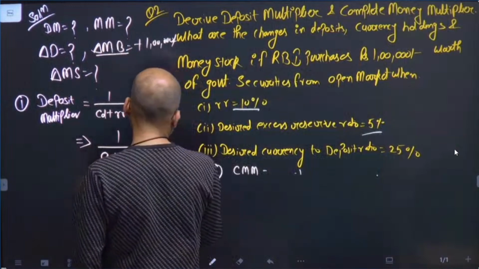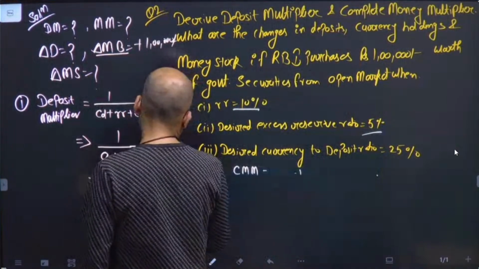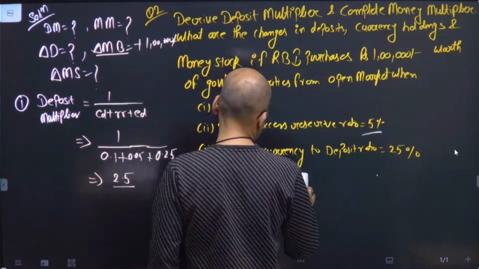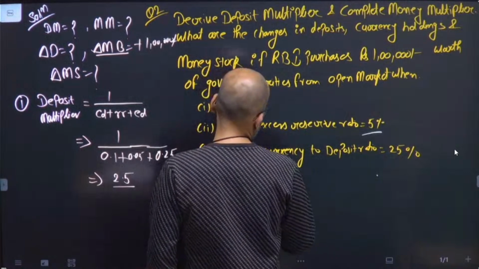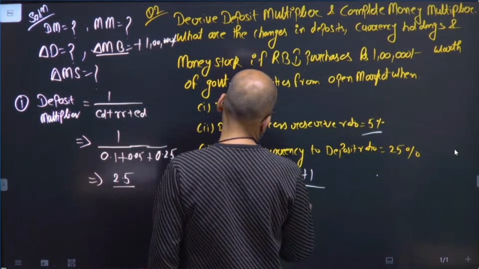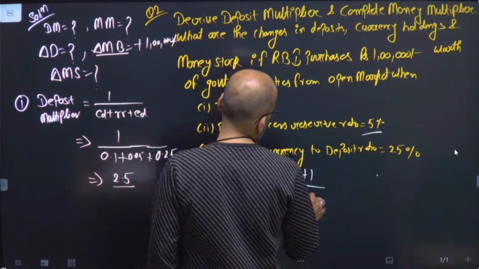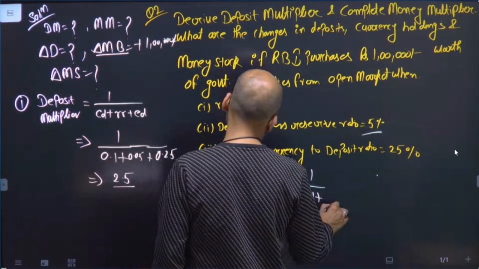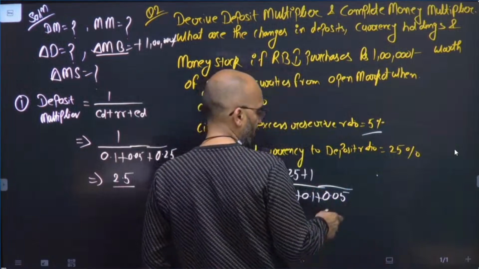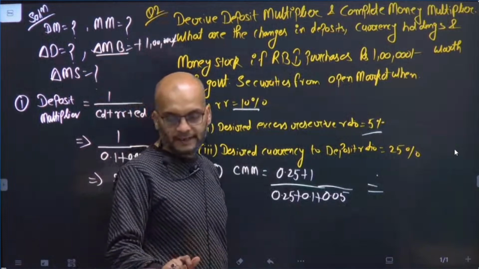Okay. Now, so it will be 0.25. Fine. 0.25 plus 1 upon 0.25 plus RR 0.1 plus ED 0.05. Now is it fine, Sakshi and everyone? That's why you people were not getting the answer.